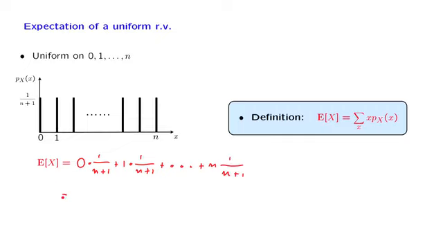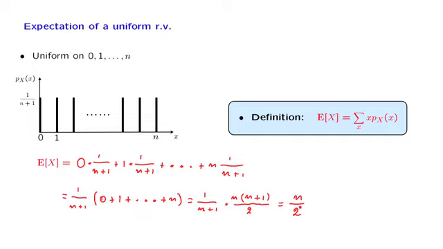We can factor out a factor of 1 over n plus 1, and we are left with 0 plus 1 plus all the way up to n. And perhaps you remember the formula for summing those numbers, and it is n times n plus 1 over 2. And after doing the cancellations, we obtain a final answer which is n over 2.